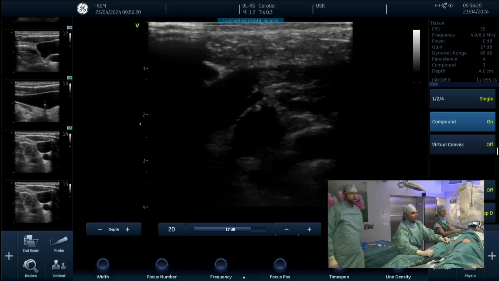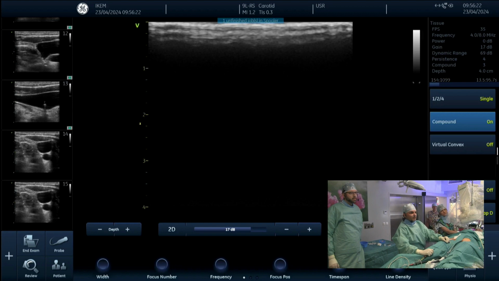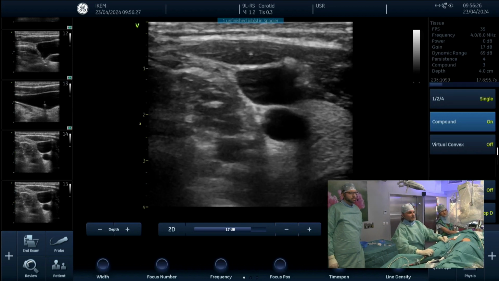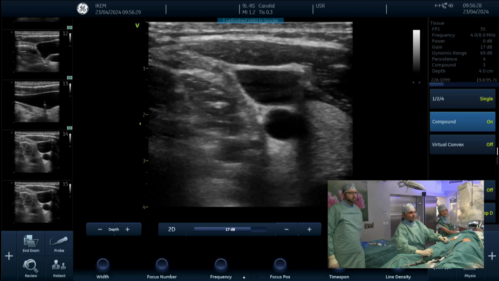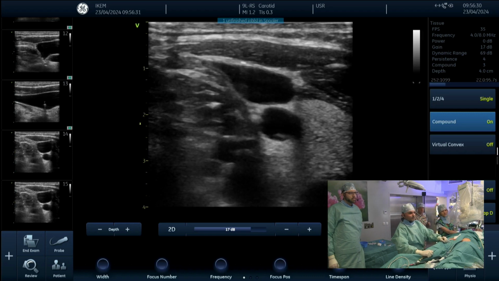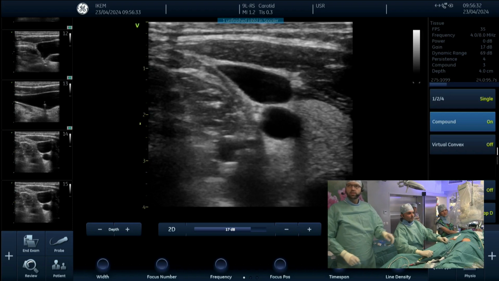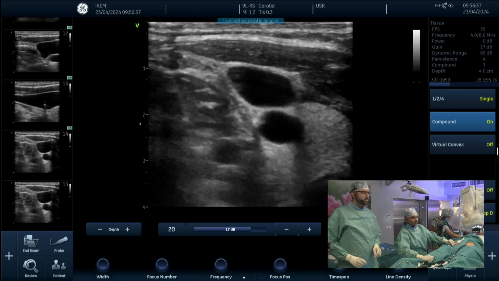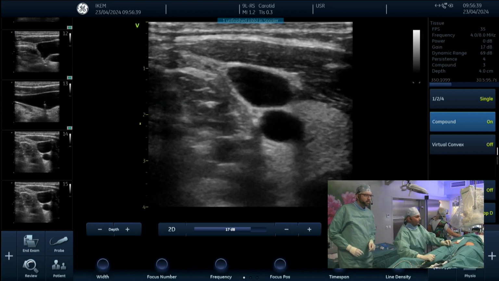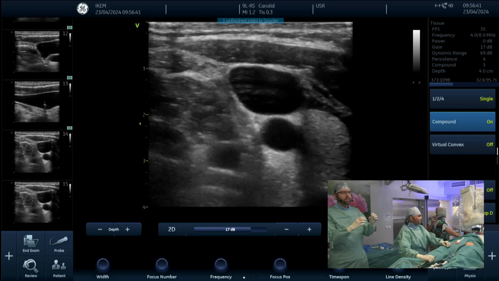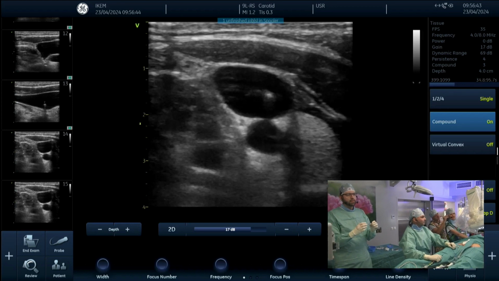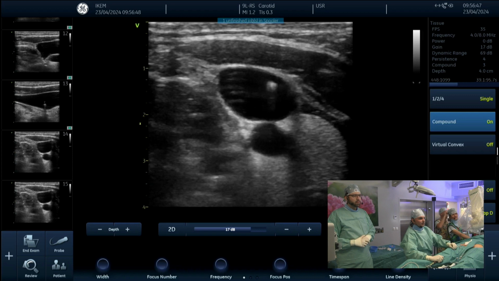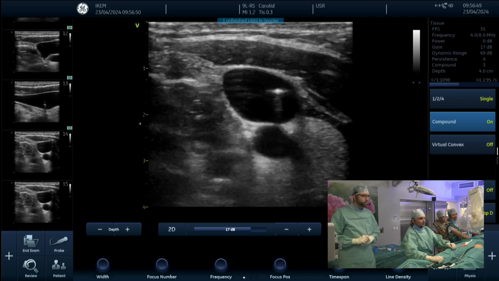Can you show us, Anna, the vagus? The vagal nerve should be in the sulcus between the vein and artery, on the posterior part, and Roman is now trying to put the catheter.